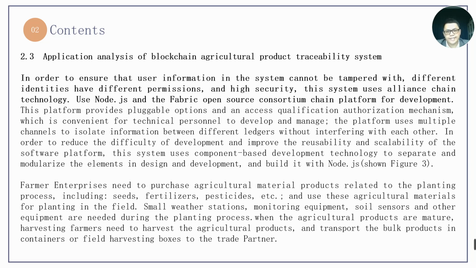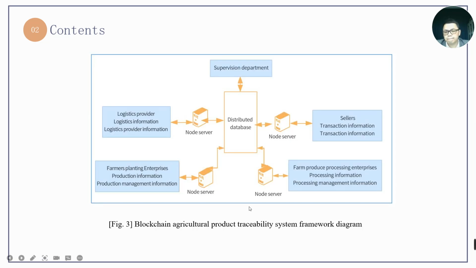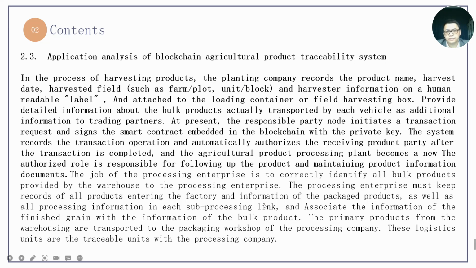Use Node.js and Fabric open source consortium chain platform for development. As we can see in figure 3, blockchain agriculture product traceability system framework diagram. There are many different roles putting the data into distributed databases, and this is safety, and this is trust.